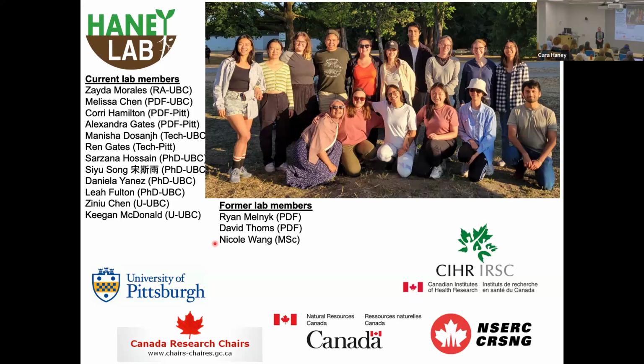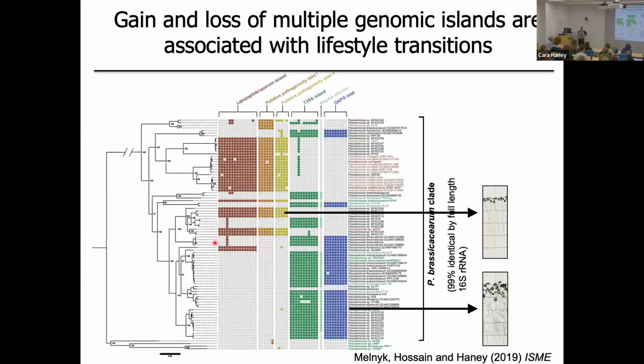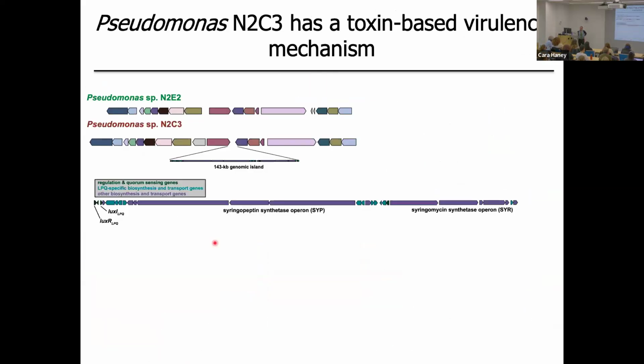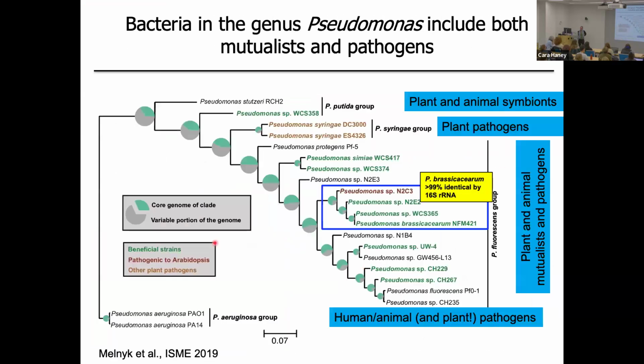Yeah, I have to say, I don't think that's unique to Pseudomonas. If we go back to one of my favorite slides, these pie charts actually show the shared genome content of each. In green is core genome and gray is variable.